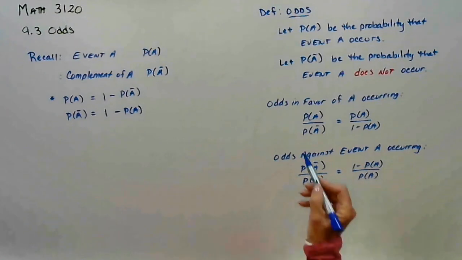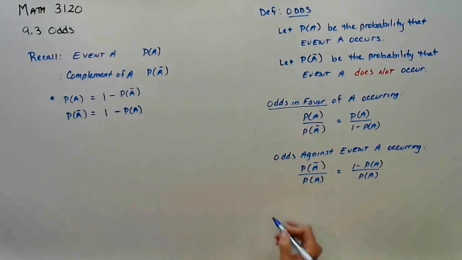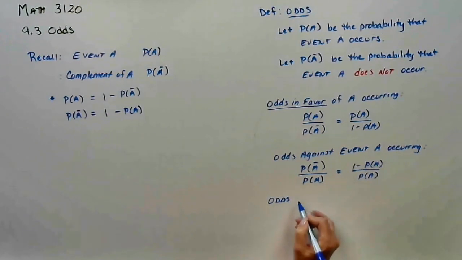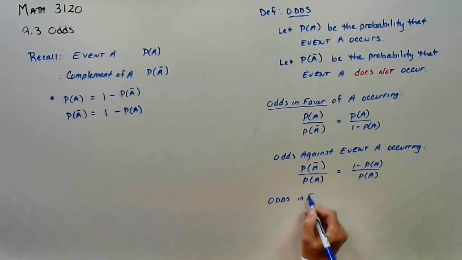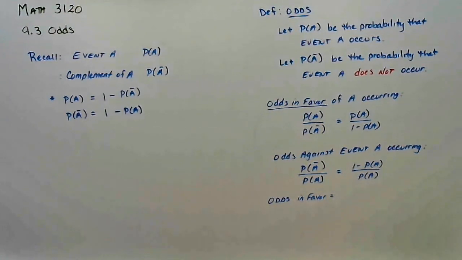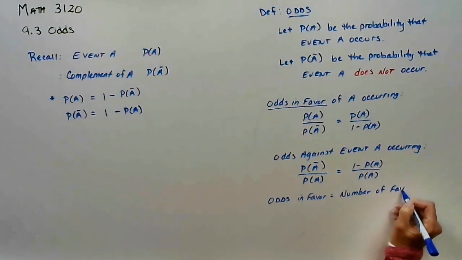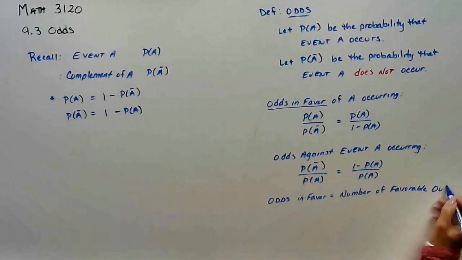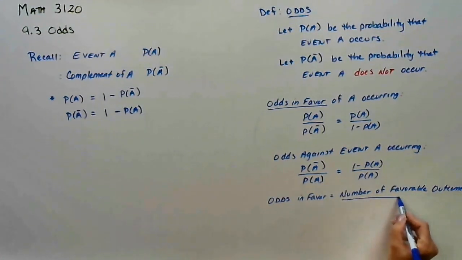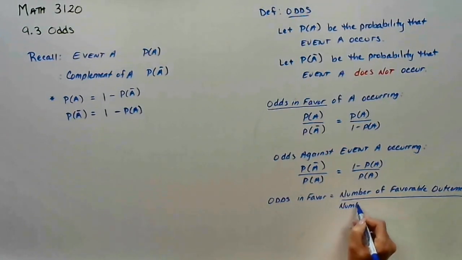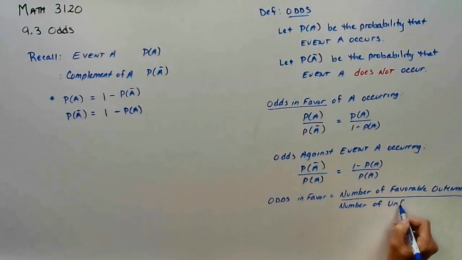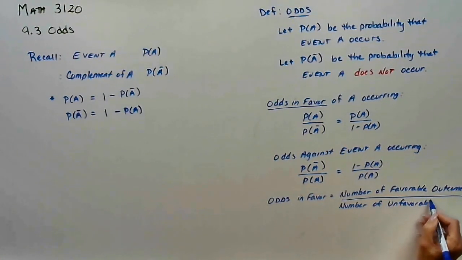Odds in favor: if you prefer to think of it in terms of words, think of it as the number of favorable outcomes divided by the number of unfavorable outcomes. Again, we're going to look at some examples which will help.